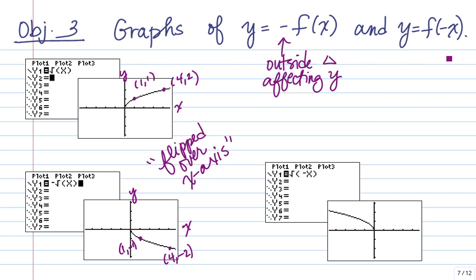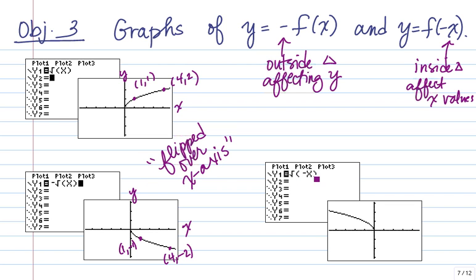What happens if we change the x values? That is, we take the opposite of the x. So here we have an inside change, and we would expect an effect on the x values. And notice the effect on the domain and range, and I'll talk about that too.